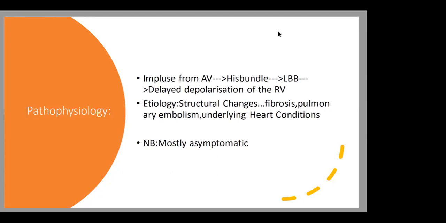The right bundle branch block is mostly asymptomatic, but it also doesn't mean that the patients will have a good quality of life. Once you have this, the patients have to be really monitored to find the root cause and to find the treatment. Let's see what we have on the next slide.